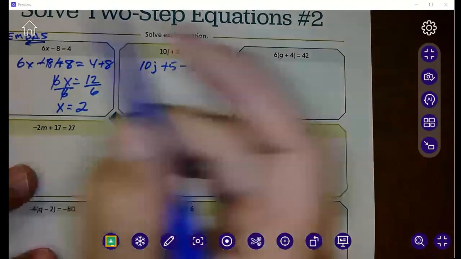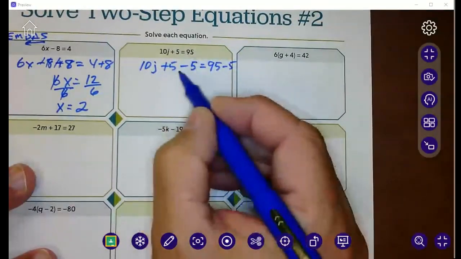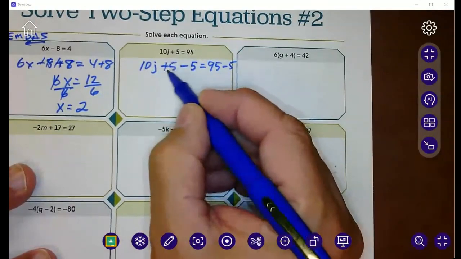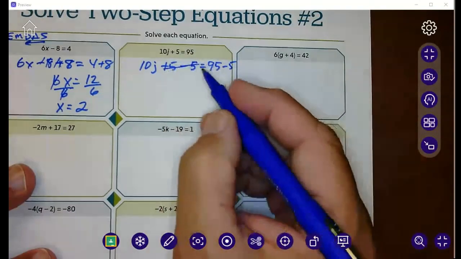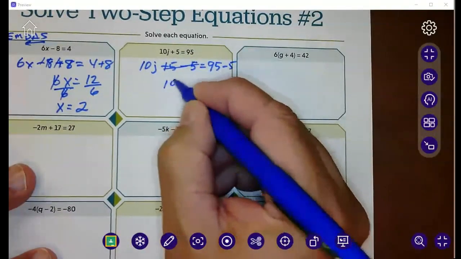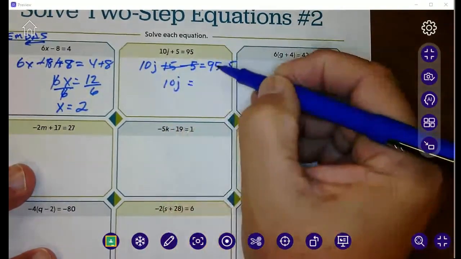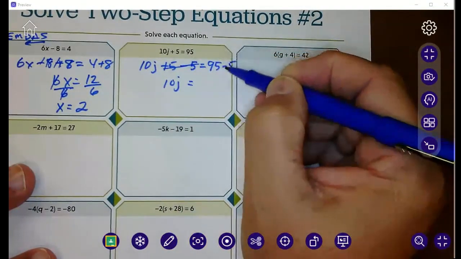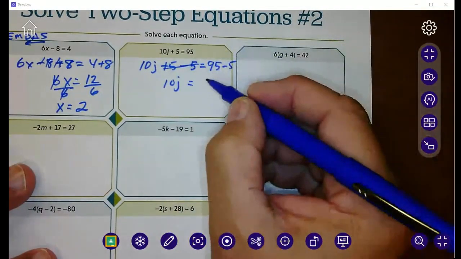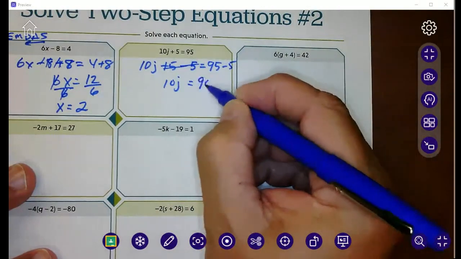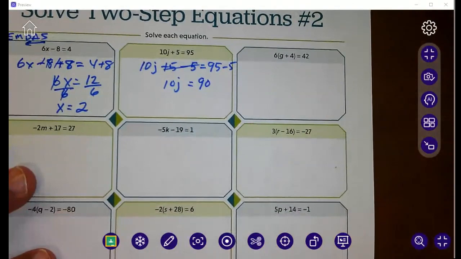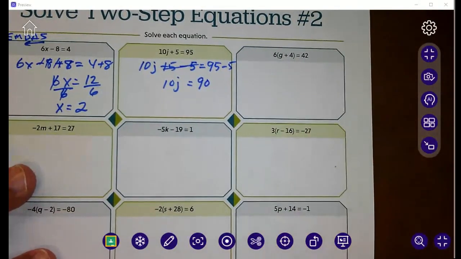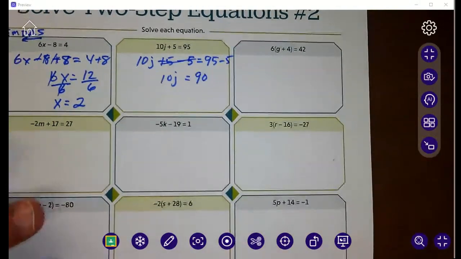The reason we did that was so that the plus 5 minus 5 becomes 0 and disappears. And on the right side, 95 minus 5 is 90. So the first step was to subtract 5 from both sides.